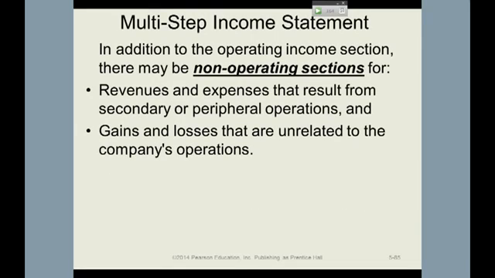We then have this non-operating section where non-operating revenues, for example, interest revenue or gains, are only secondary to the business. And losses and expenses like interest expense are also secondary. Now, what's the difference, again, between a gain and a revenue?